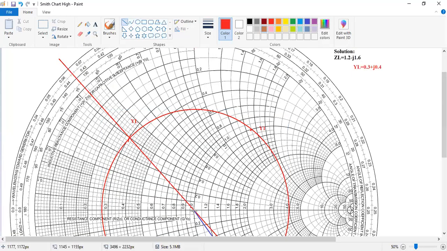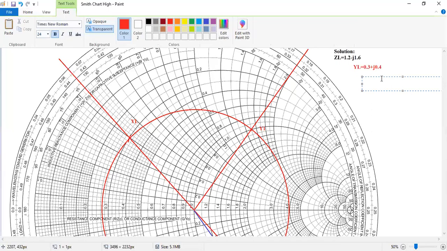So y1 also I will take outside. I got this, so I'll just write y1 and y2. My y1 equals 1 plus, it is at the upper part, j1.47.